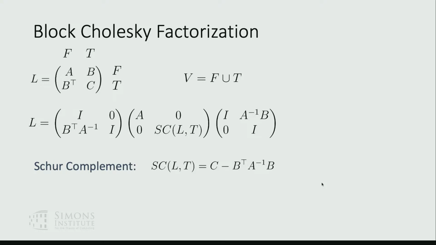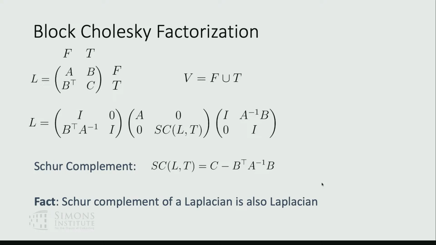Why? Because now you get two nice things. One, when you start with the Laplacian, the Schur complement is also a Laplacian. The proof is not difficult. Let me tell you how, but I will leave it as an exercise. All you have to verify is that the row sums are 0, the off diagonals are negative, and the diagonals are positive.